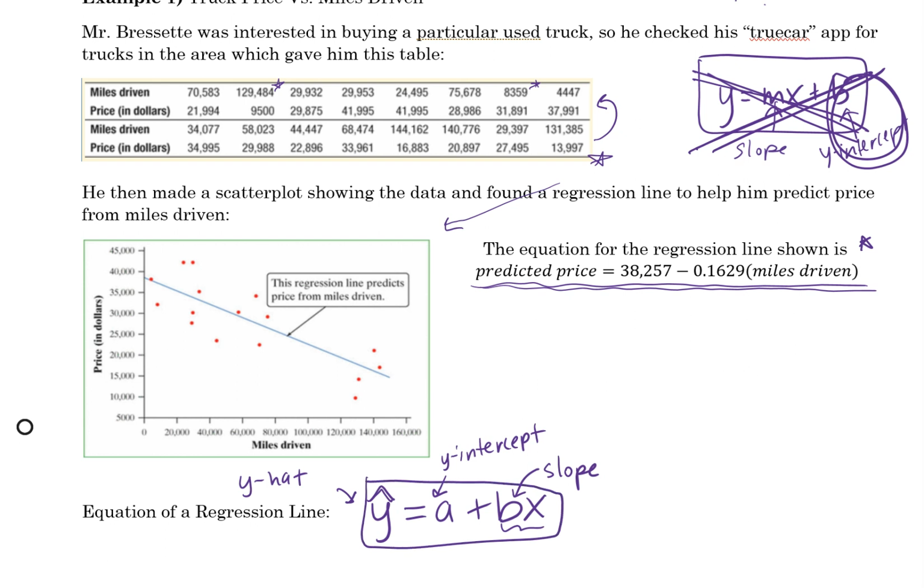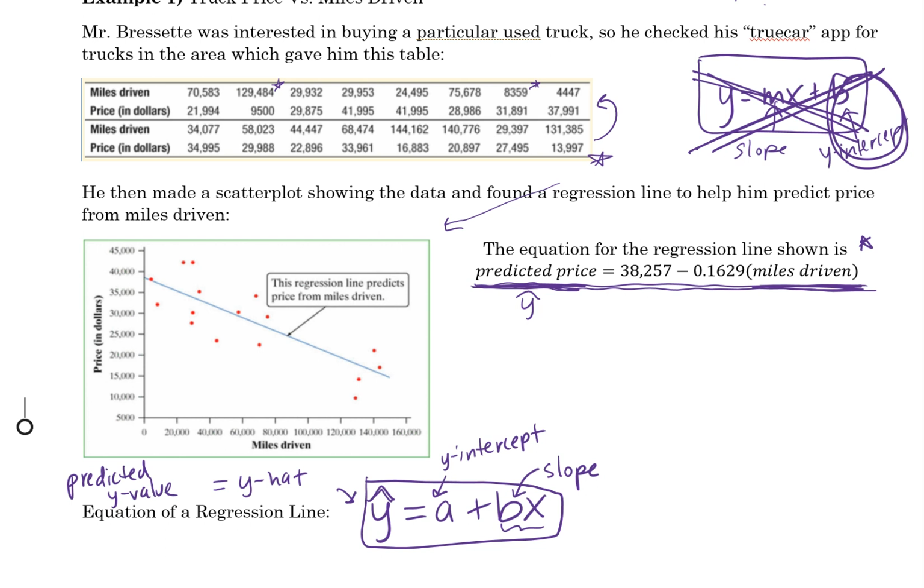So let's talk about what this y hat thing is. Well, look up here to the equation that they're given. I don't see any x's or y's, but there are certainly variables. If you notice here, your y hat is actually the predicted price. That is because your y hat is not actually a y value, it's a predicted y value.